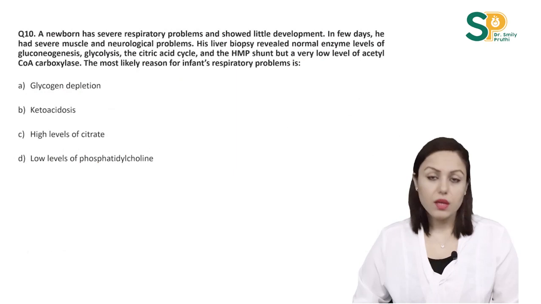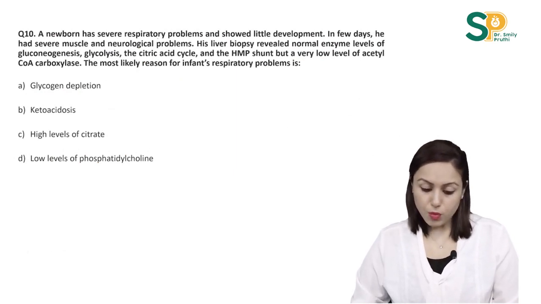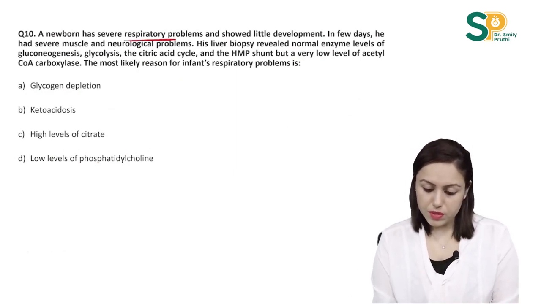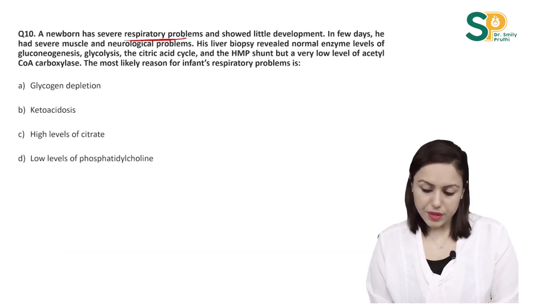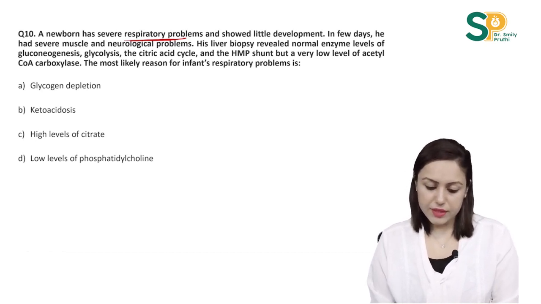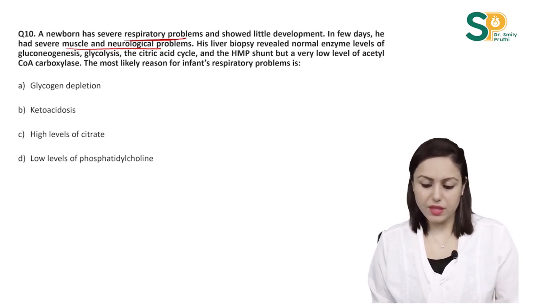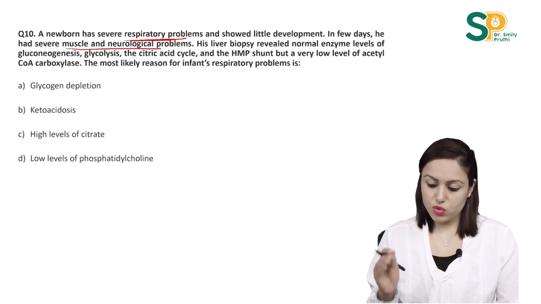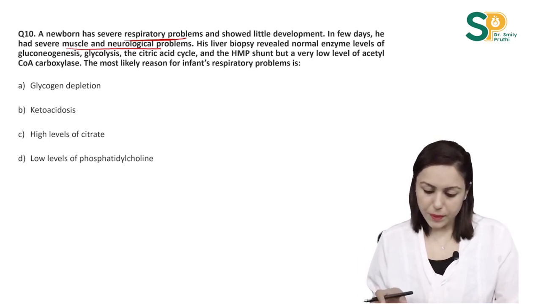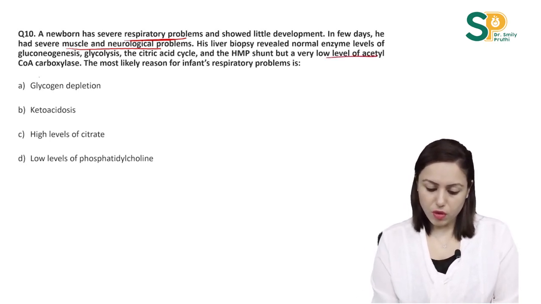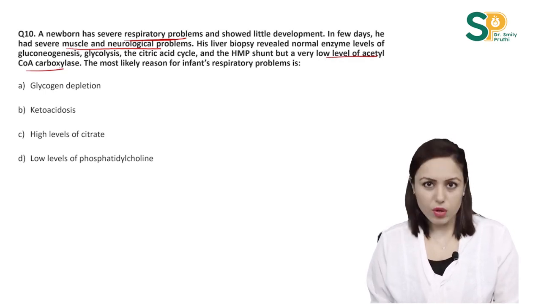Then question number 10, a newborn has severe respiratory problems and showed little development. In a few days, he had severe muscle and neurological problems. So, muscle and neurological problems, respiratory problem. His liver biopsy revealed normal enzyme levels of gluconeogenesis, glycolysis, citric acid cycle and HMP shunt. So, there is no problem in these 4 pathways, right? But a very low level of acetyl-CoA carboxylase.